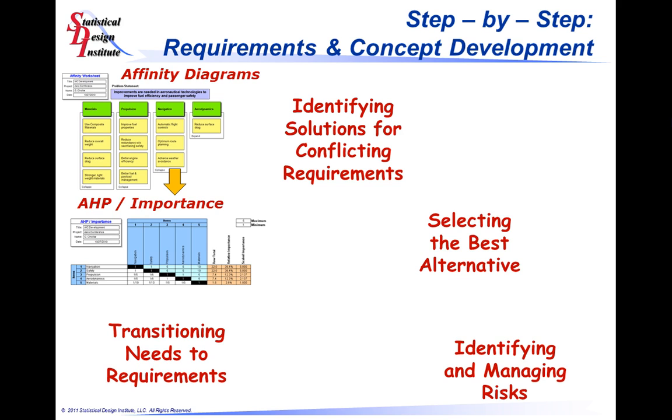So the information can be transferred directly into an analytical hierarchy process tool that allows you to perform pairwise comparisons between the various items within this evaluation, assess the relationship of those pairwise comparisons, and then automatically a scaled importance is produced for you to give you an indication of the relative importance of each one of these groups or ideas to your particular stakeholders.